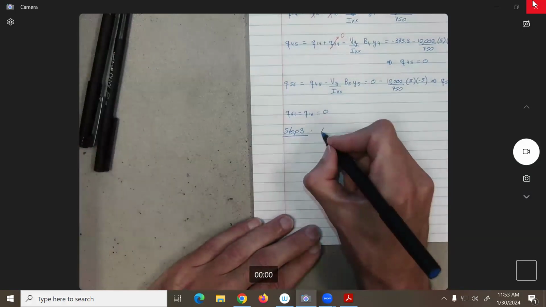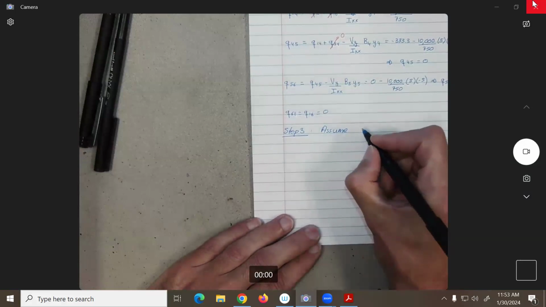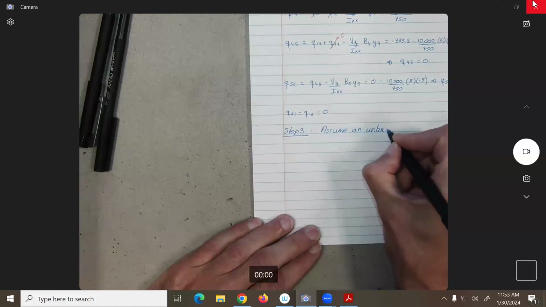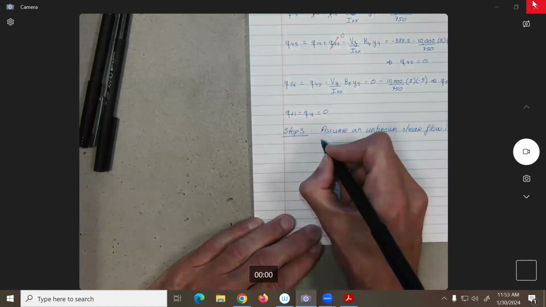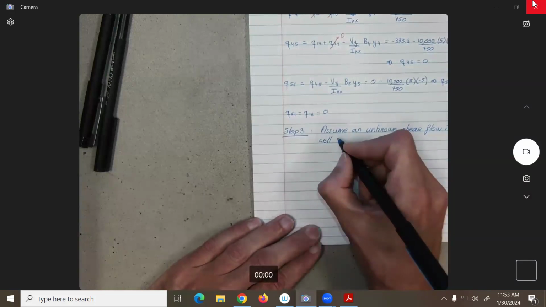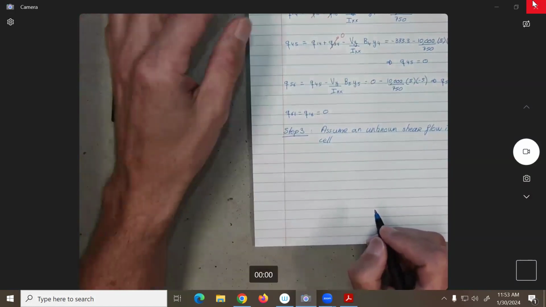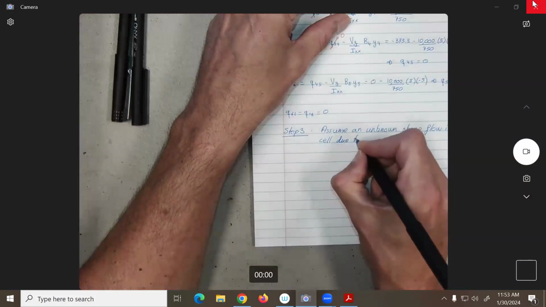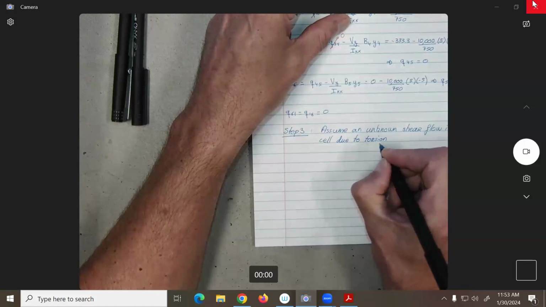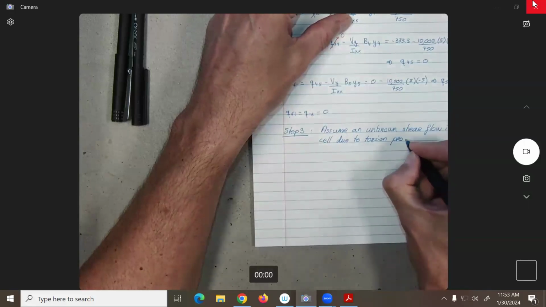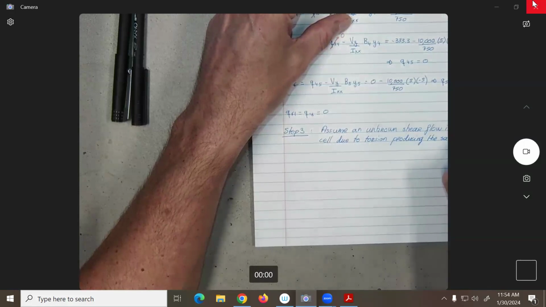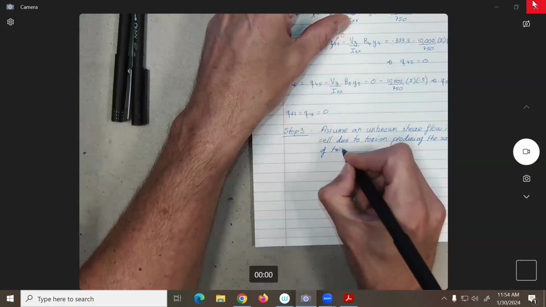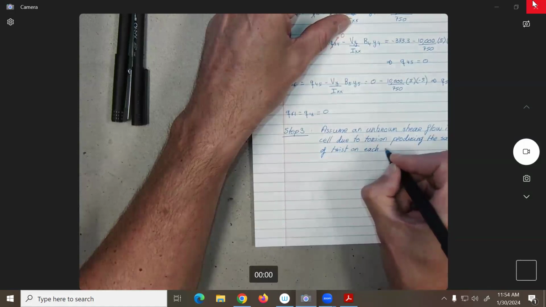So now what we need to do is assume an unknown shear flow in each cell due to torsion, producing the same angle of twist on each cell.